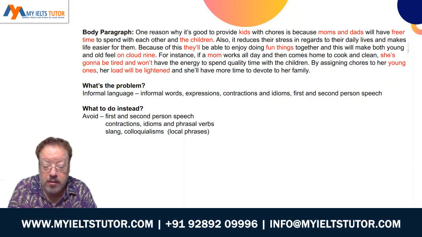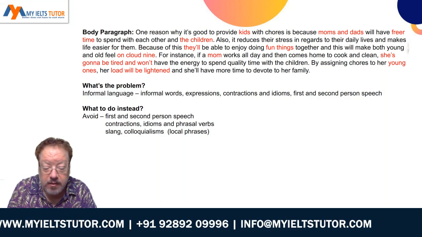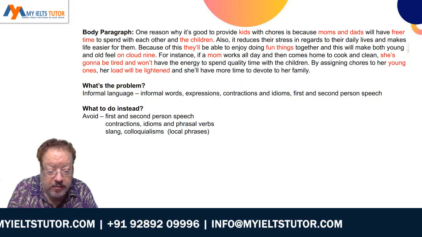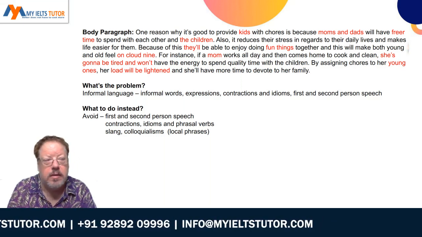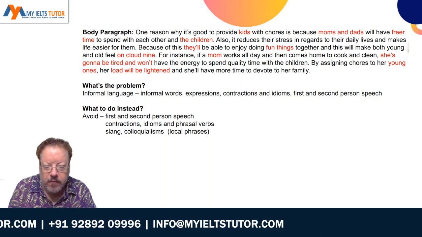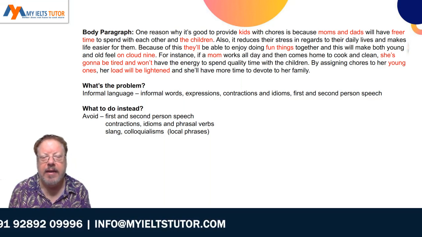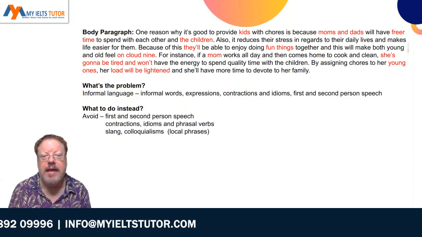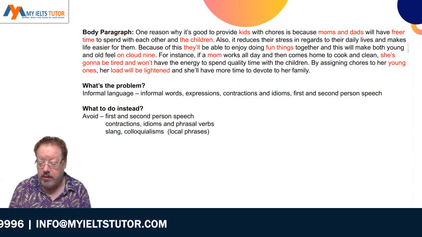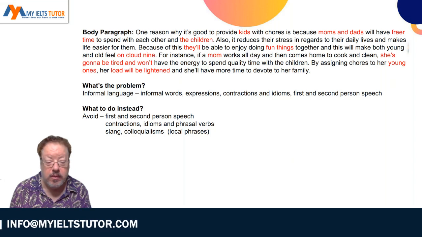And then we're also using first and second person speech. For instance, she's gonna. That's slang. So we want to avoid first and second person speech. For first person speech, we don't want to say I. For second person speech, we don't want to say you. So we want to avoid those. Now, what can we do instead?